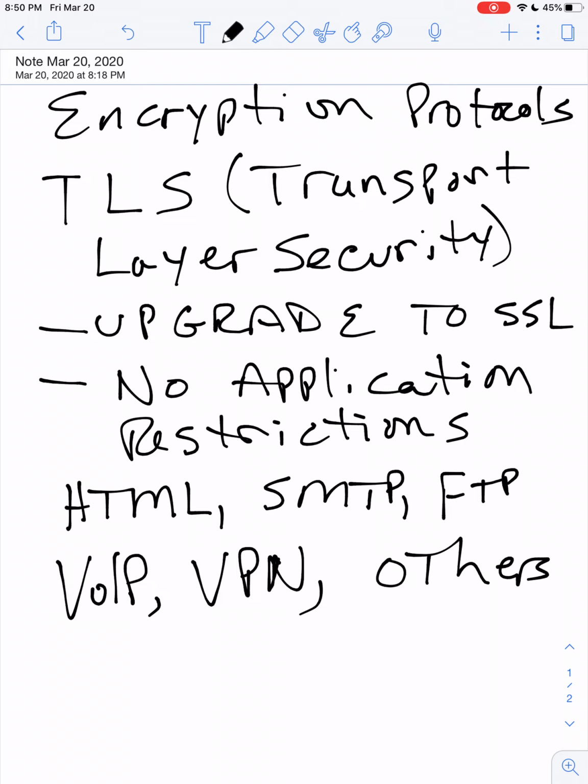And we include HTML when it's running TLS. That's the HTML. I'm sorry, we'll get the HTTPS moniker to start with.